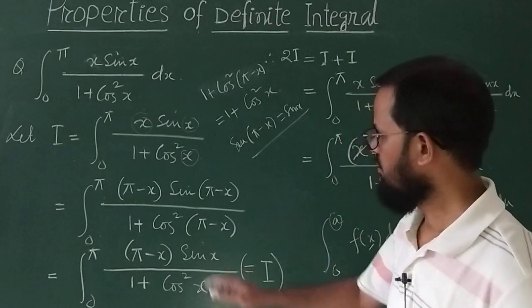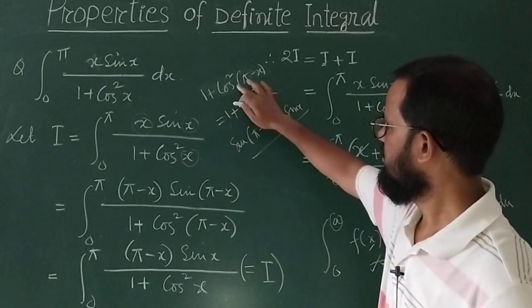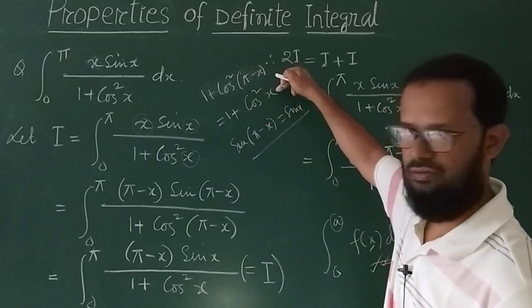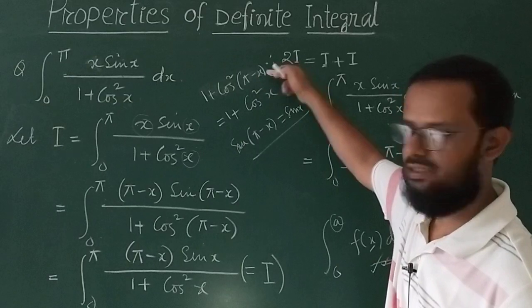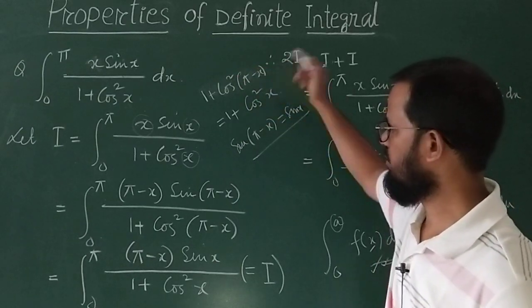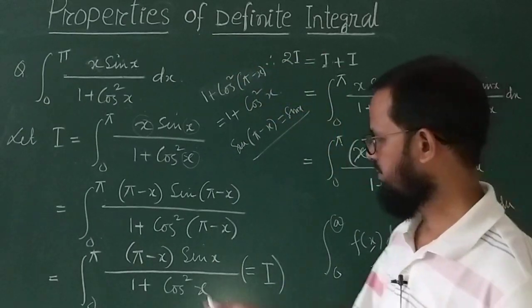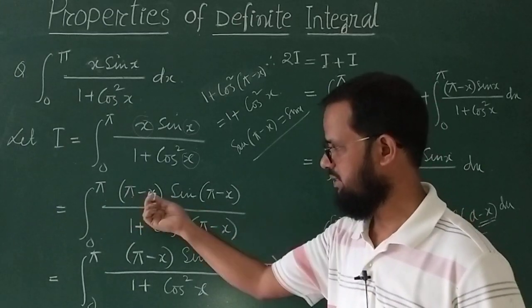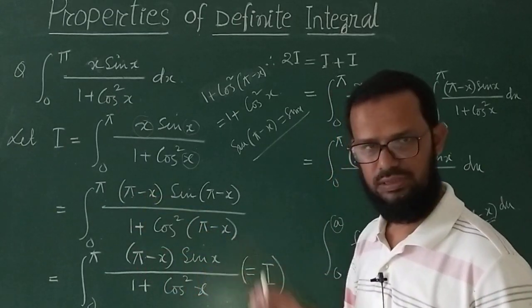Similarly, cos pi minus x is equal to minus cos x, and minus cos x whole square is equal to cos square x. So ultimately the denominator becomes 1 plus cos square x, and the numerator becomes pi minus x into sin x.